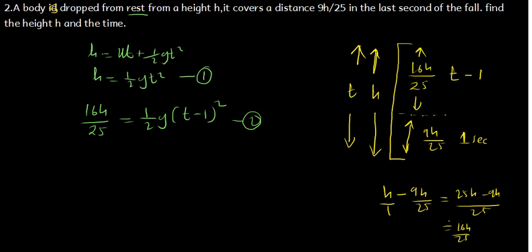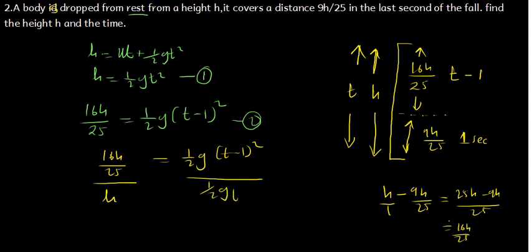Alright, so we can divide the second equation by the first equation. So that will be 16h over 25 is equal to half g t minus 1 squared, divided by the first equation, h equal to half gt squared.